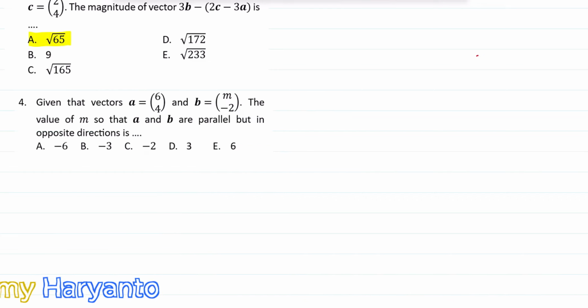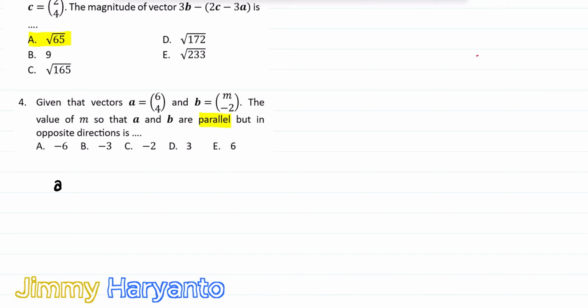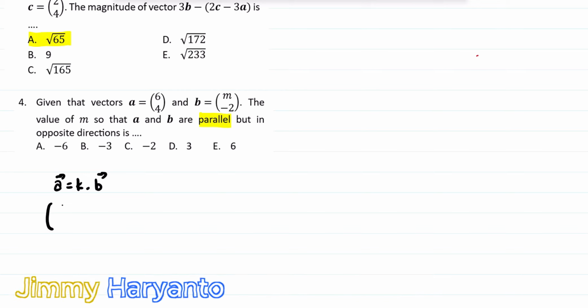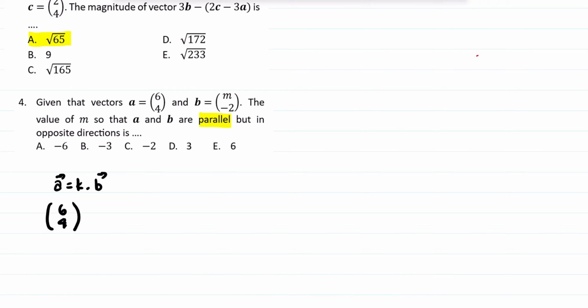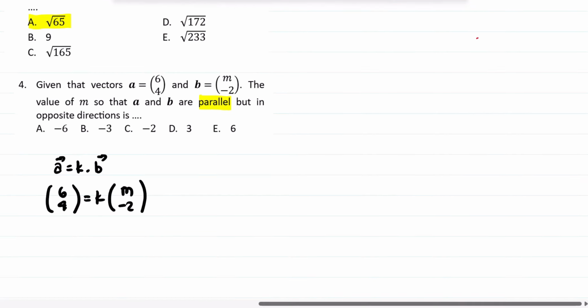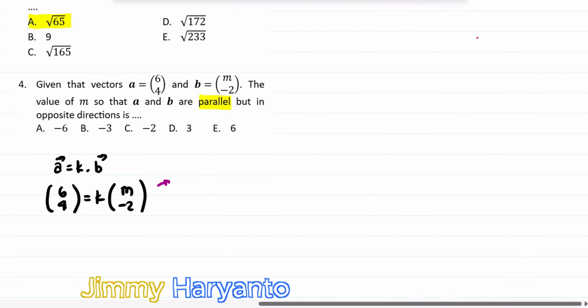Next is question 4. For question 4 we have the word parallel. Parallel means a equals k times b, that means (6, 4) equals k times (m, negative 2), and then we can calculate per component.